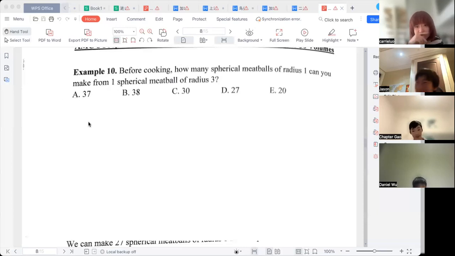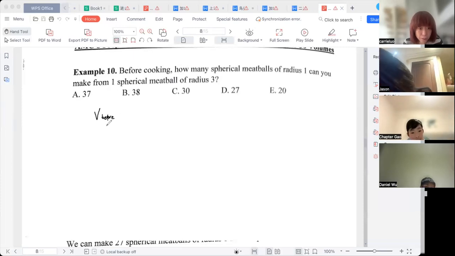Okay, well, first of all, we need to find out D. Because the meatball is coming from the third radius, the previous one. So before the radius 3, we need to know the volume of before, right? And the volume of right now.